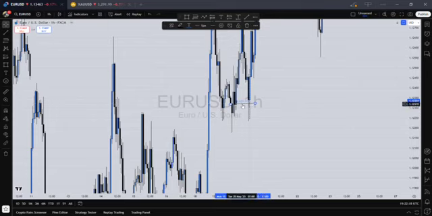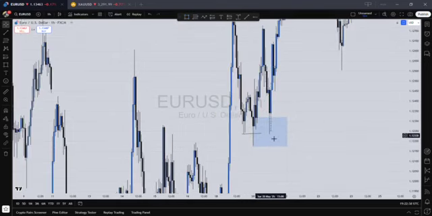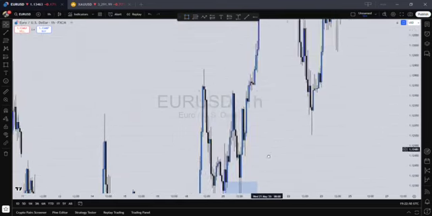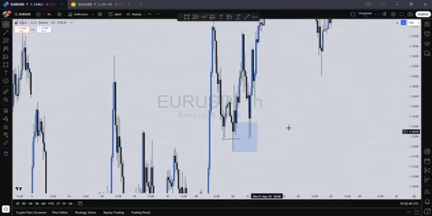Why? Liquidity cleared by this candle. So that candle I cleared becomes my order block. So I can now wait for price to tap in, and then you can see the buy.